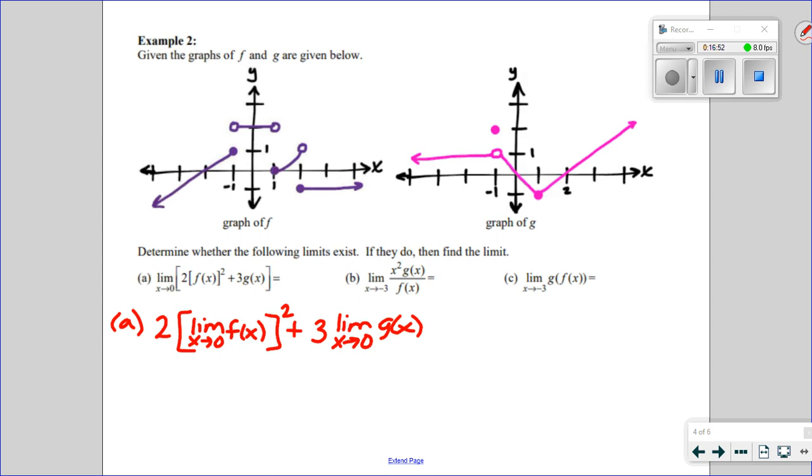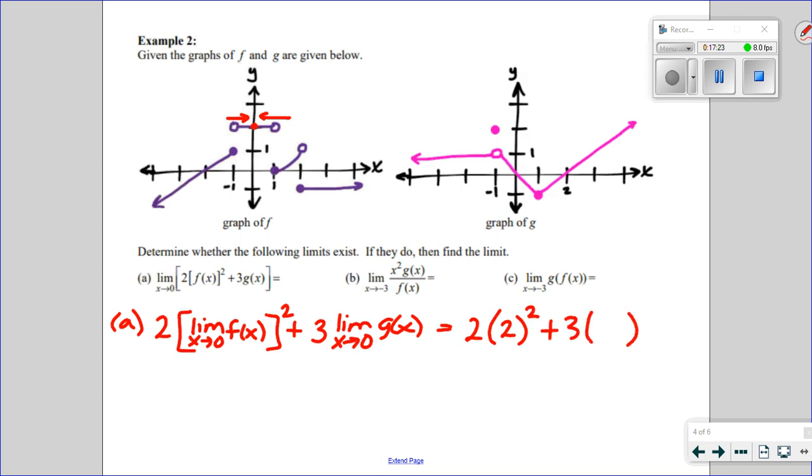Then we are going to substitute, okay, but we've got to use our graphs to evaluate these limits. So I've got to find the limit as x approaches 0 of f of x. So I'm going to go to my graph of f. When x is approaching 0 from the left and from the right, I can tell that y is approaching 2. So this would equal 2 times 2 squared, plus 3 times.